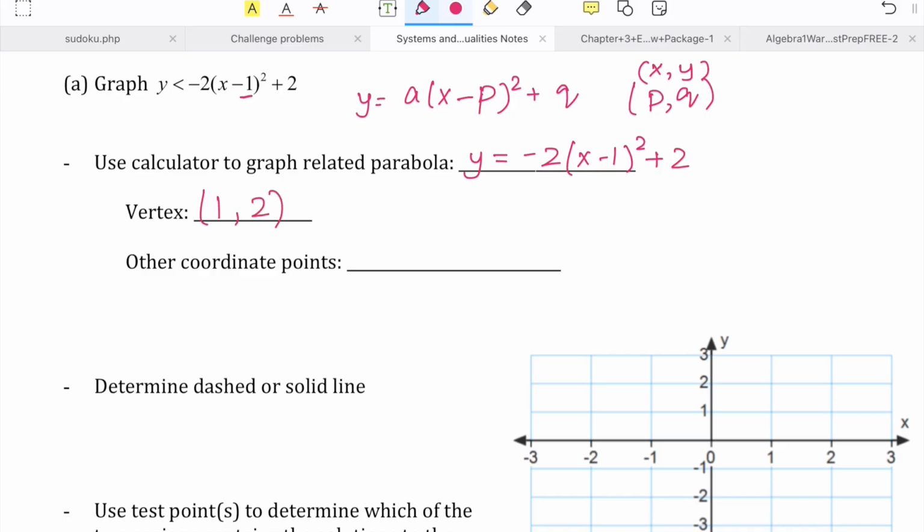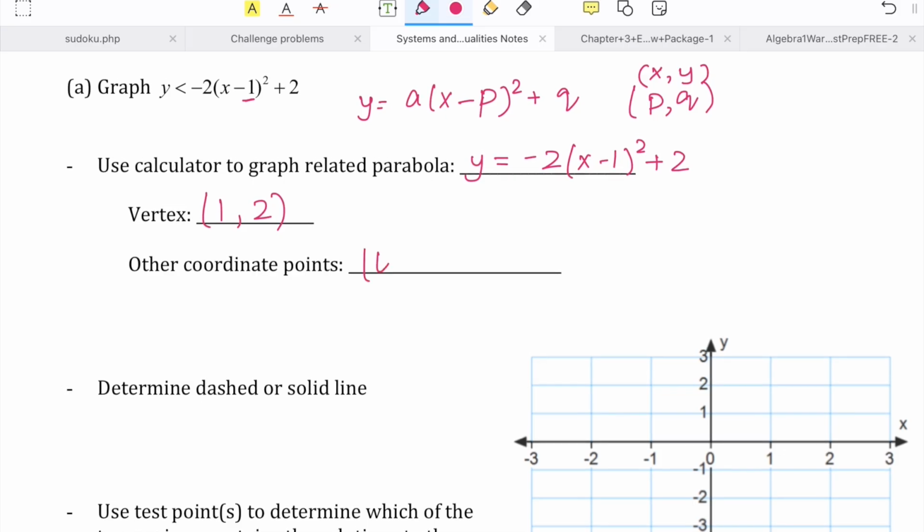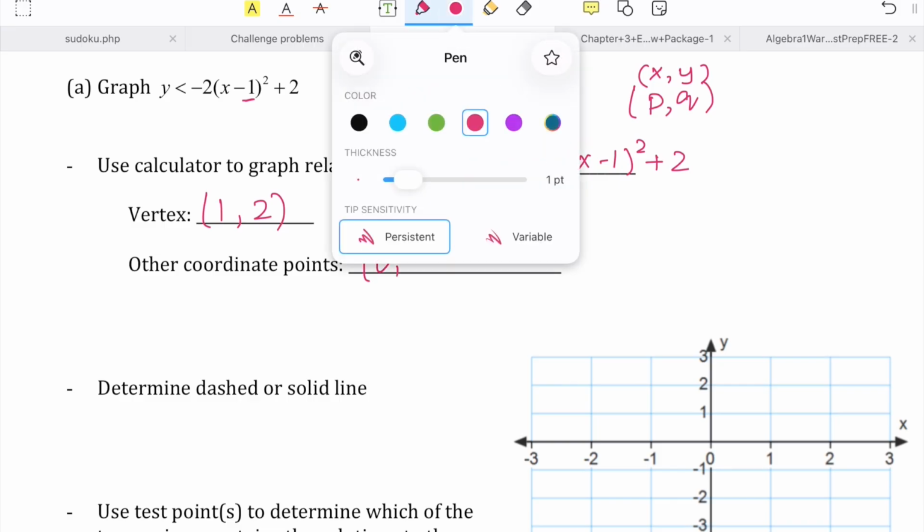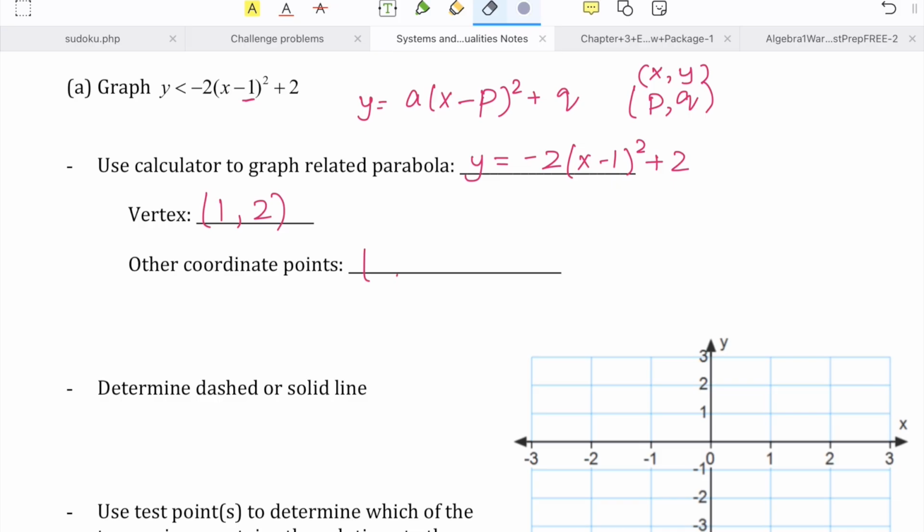What are our other coordinate points? How can I find that? We can put random numbers in, right? So let's put 0 as our x value. So when I do that, y is equal to -2(0 minus 1) squared plus 2. -1 squared is just 1, -2 plus 2 is 0. (0, 0) will be one of my points.